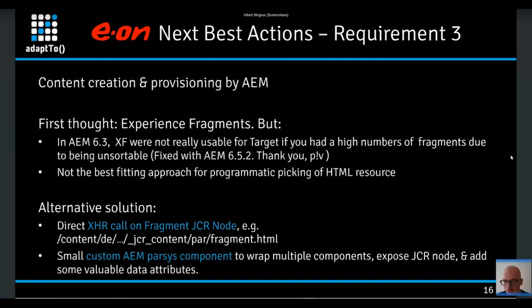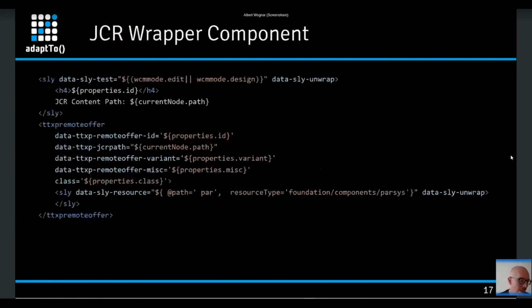And the other little challenge was that sometimes our offer consisted of sibling nodes. So we needed a single URI call. So we needed some kind of wrapper around it to make it possible to access that information by a single call. And so, just to have some AEM in that talk, we created a little JCR wrapper component.